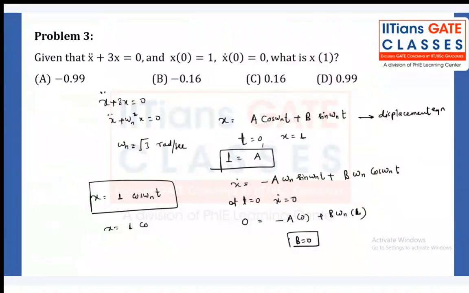It's very simple. But what is the omega n? It's root 3. Now, whatever value is in the bracket assigned with a cosine or trigonometric function, that always must be in degrees, not in radians. So we need to multiply with 180 by pi. If you do that, you will get B as the option. Note down.